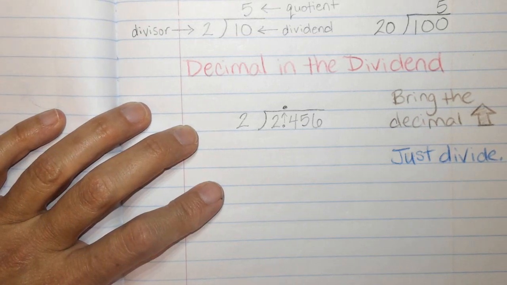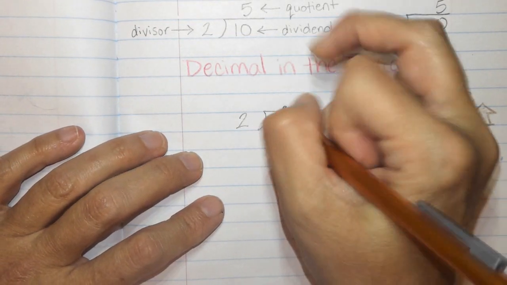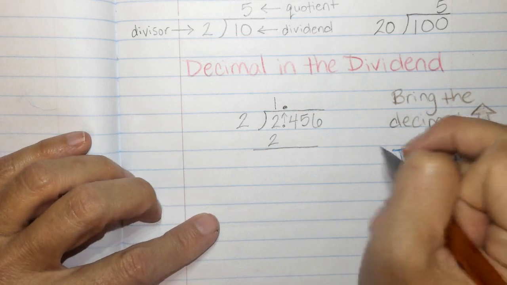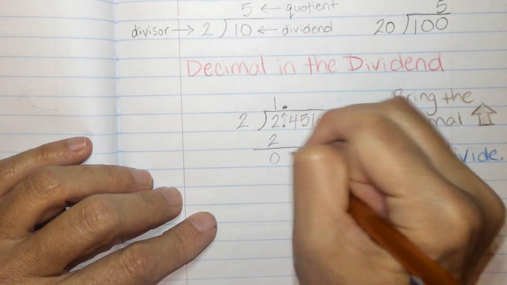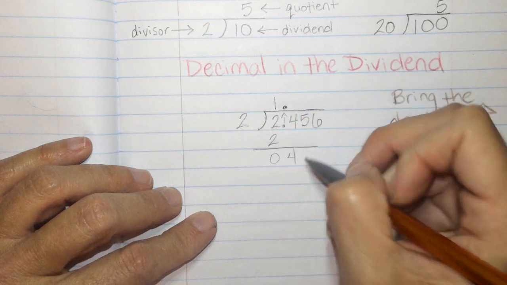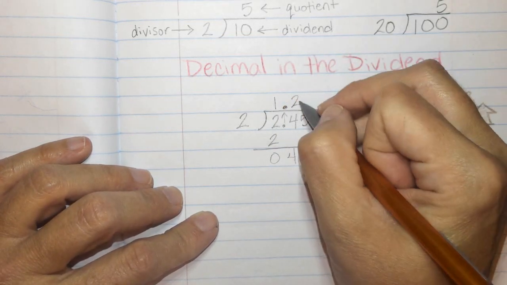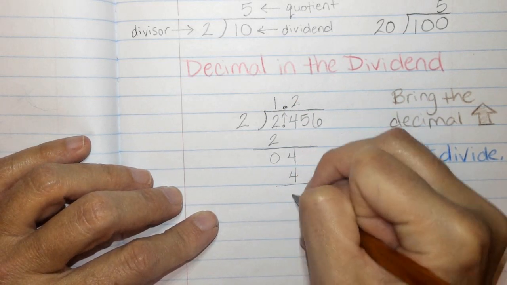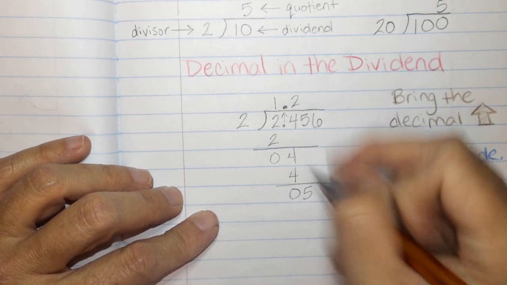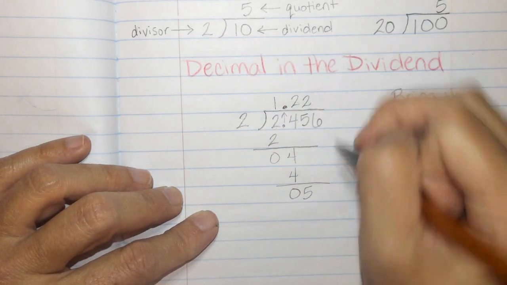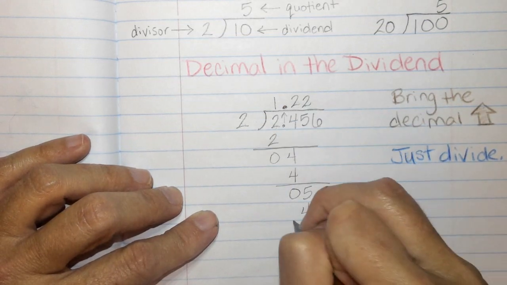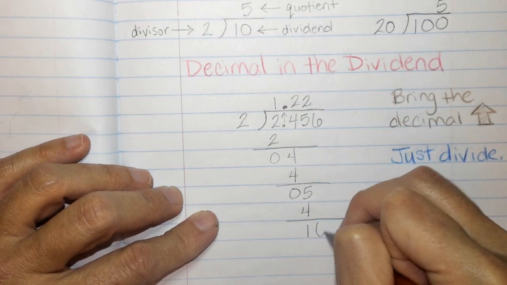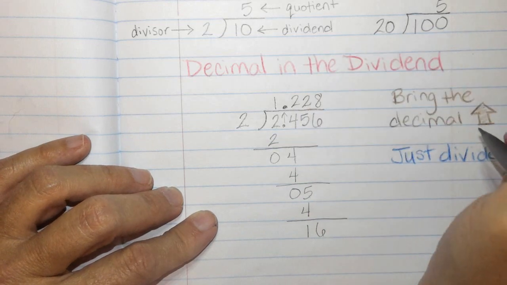So does 2 go into 2? Yes, it goes into 2 one time. 1 times 2 is 2. 2 minus 2 is 0, and then the 4 comes down. 2 goes into 4 2 times. 2 times 2 is 4. 4 minus 4, 0. 5 comes down. 2 goes into 5 2 times. 2 times 2 is 4. 5 minus 4 is 1. 6 drops down. 2 goes into 16 8 times.